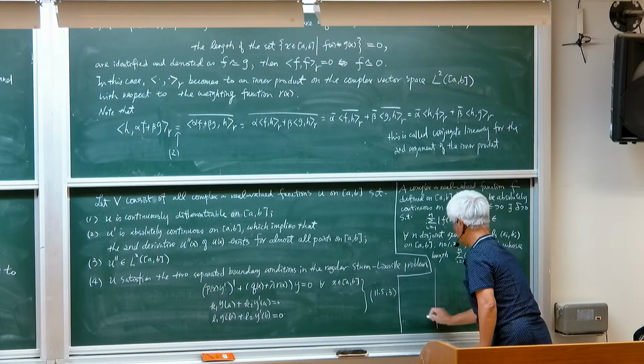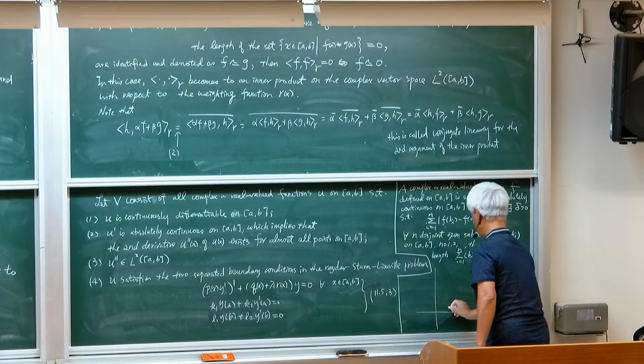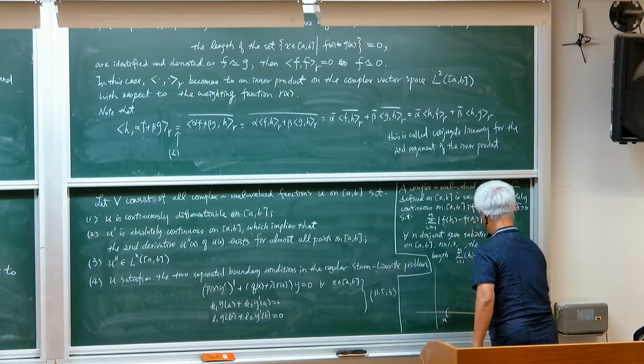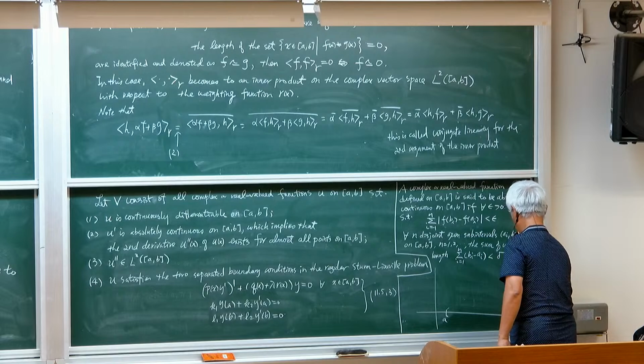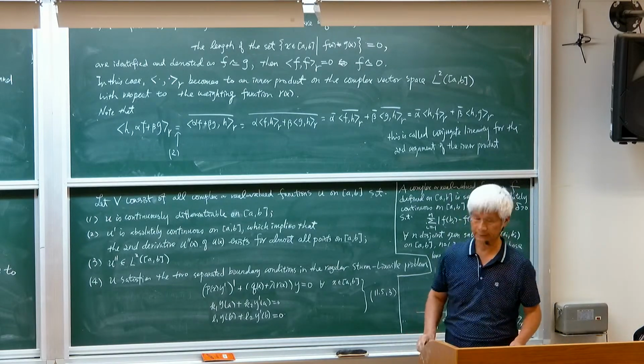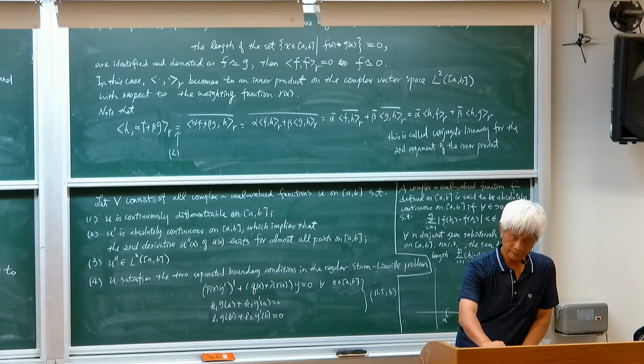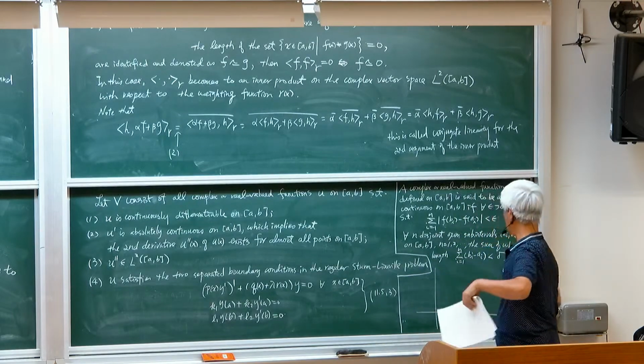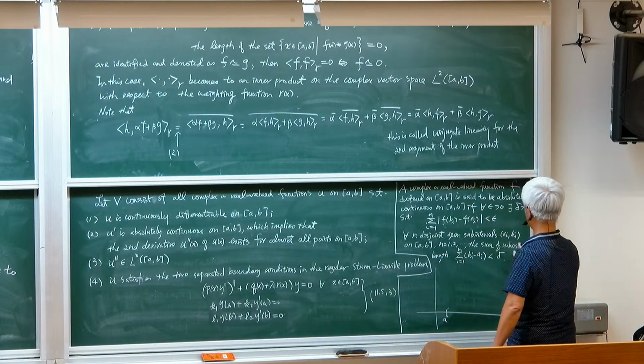So you can see here, a and b, and then you can select disjoint open subintervals.